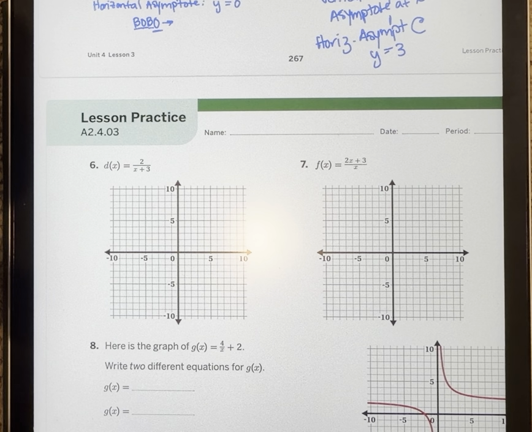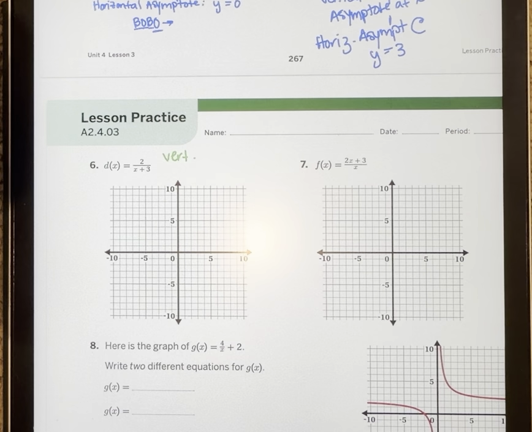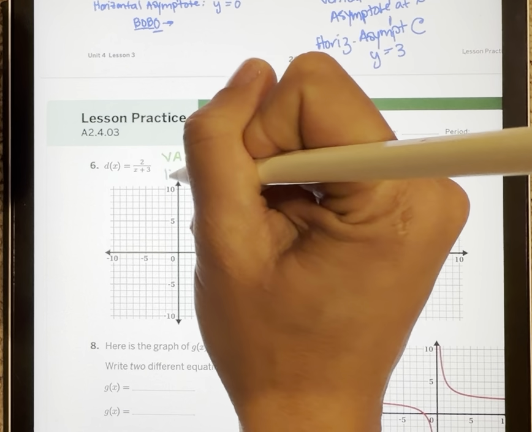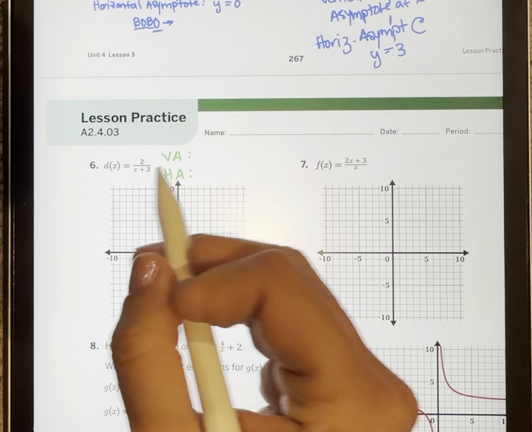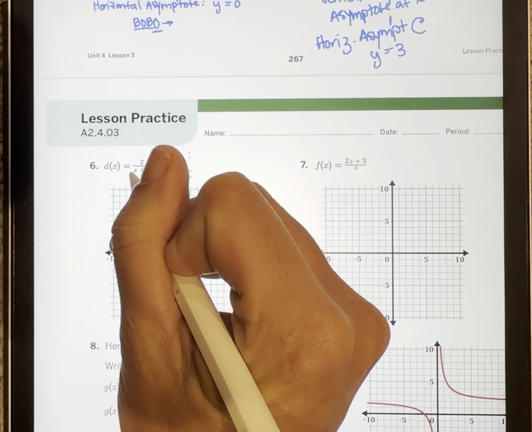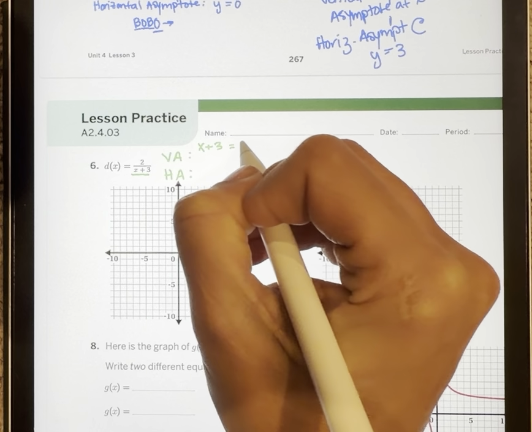We're still sketching. Let's check for our vertical asymptote. Okay, I'm going to start calling vertical asymptotes VA and horizontal asymptotes HA. I've got myself a vertical asymptote. Check it out. It's wherever x plus 3 equals 0.